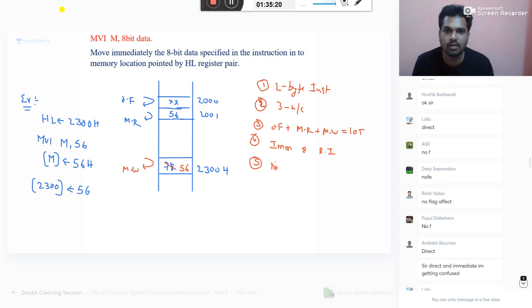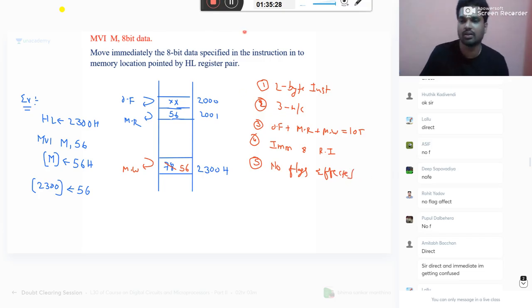No flags are affected. So that is about your MOV M, 8-bit data. Right, let's move on.